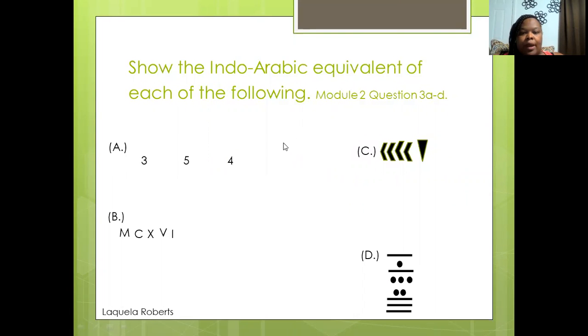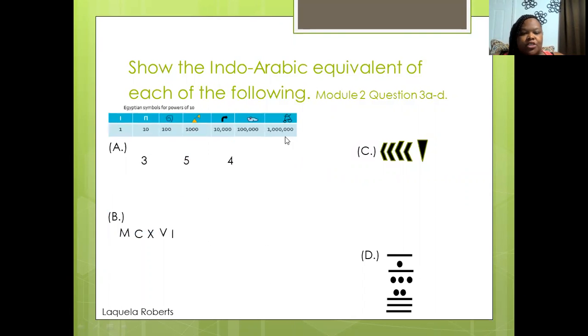Show the Indo-Arabic equivalent of each of the following. Here we go. As you see at the top, it gives us the different types of symbols and our numbers to go, okay? So the first one, there's 3 here, there's 5, and there's 4.